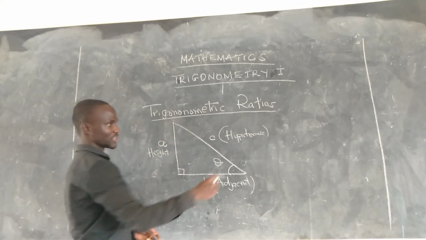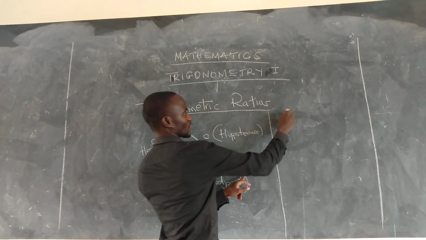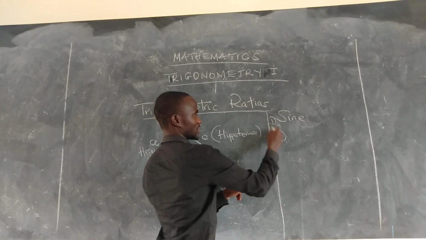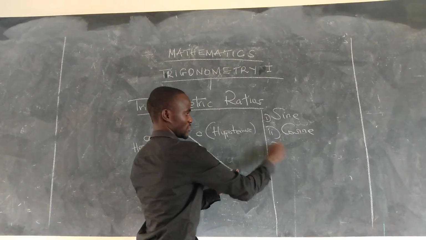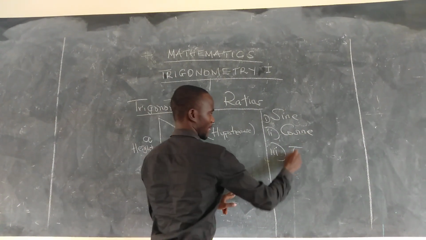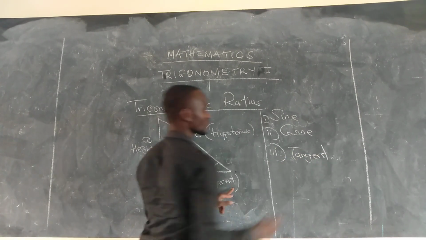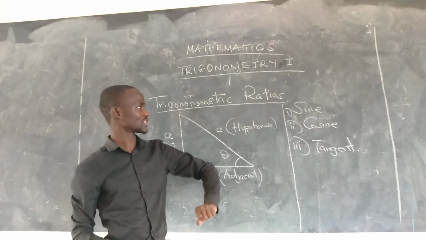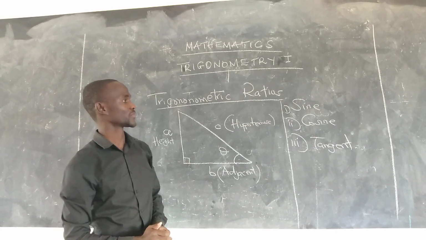And then the trigonometric ratios, we will have sine, we will have cosine, and then we will have tangent. So basically these are the three concepts of trigonometric ratios that we will deal with.